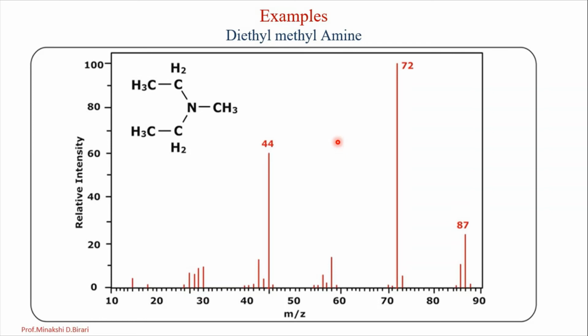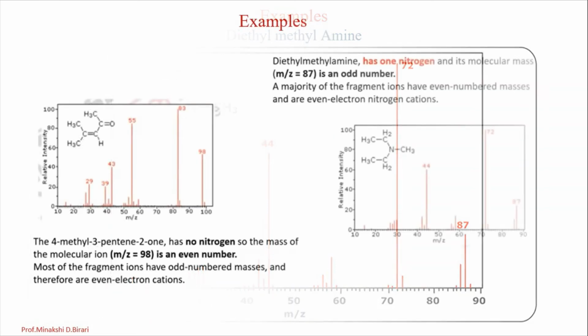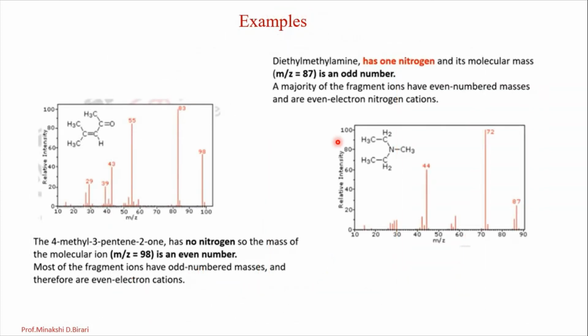Now, as we have studied these two examples, diethylmethylamine and 4-methyl-3-penten-2-one: in diethylmethylamine, there is one nitrogen and its molecular mass M by Z value is an odd number, 87, and the majority of the fragment ions have even numbered masses and are even electron nitrogen cations.